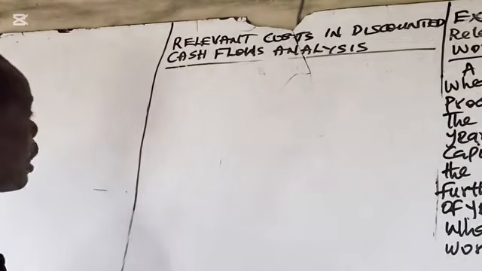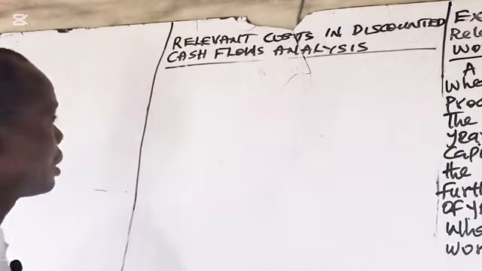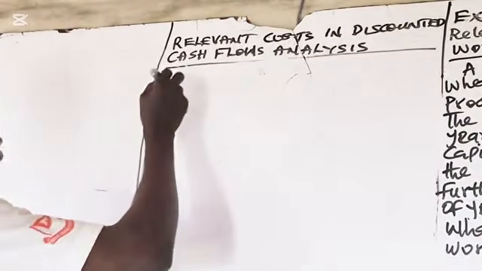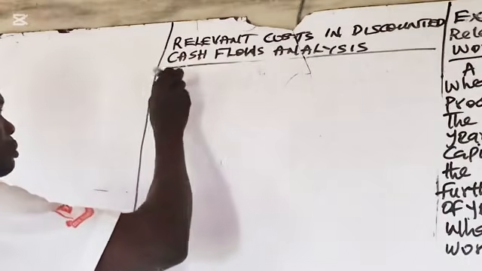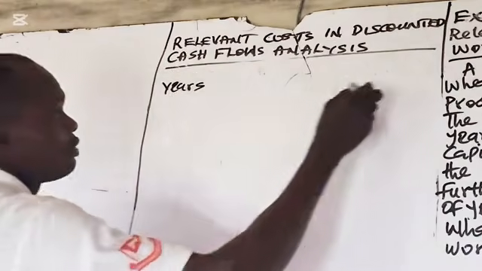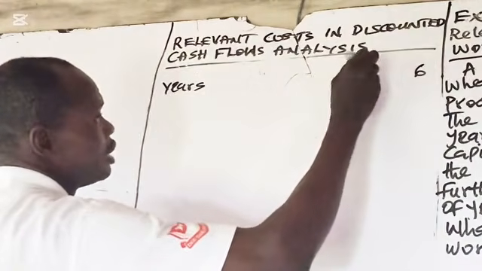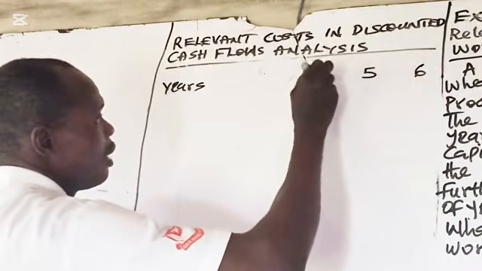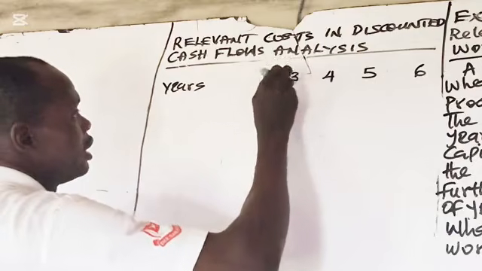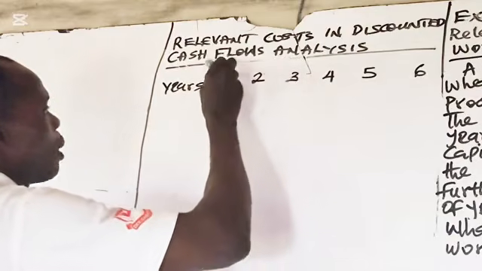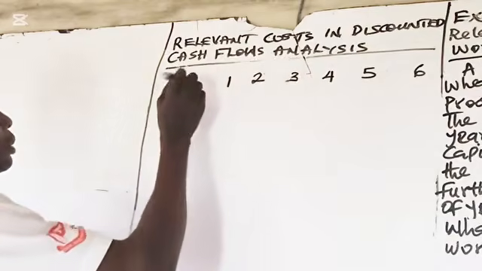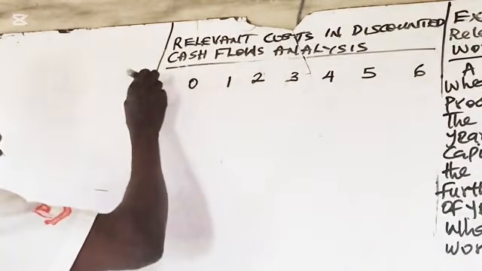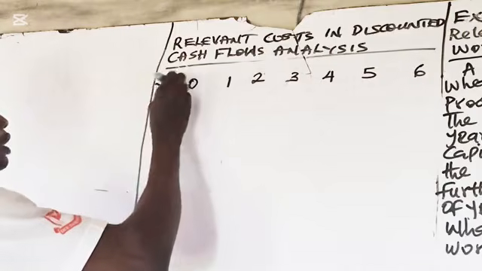Then at the end of the project life, you recover the whole amount and then treat it as an inflow. So we have 6 years involved: year 6, year 5, year 4, year 3, year 2, year 1, then we have year 0. So these are the years involved.